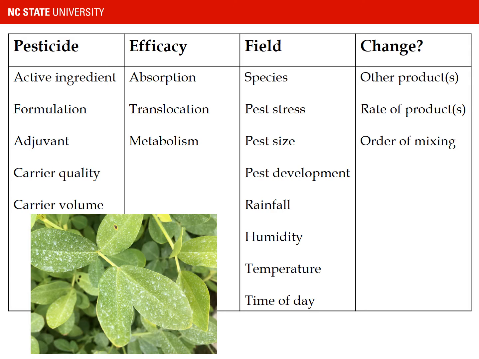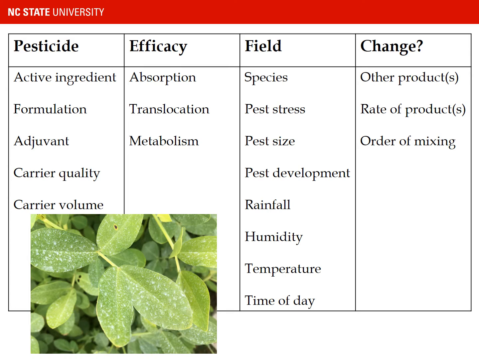We have liquid formulations, we have emulsifiable concentrate materials, then we might have dry flowable materials that have the same active ingredient, and that can affect some of these interactions. The adjuvant you use, the carrier water quality, whether it's hard or soft water, and then your carrier volume can have an impact, and that's going to vary from pesticide to pesticide depending on what you're trying to do.